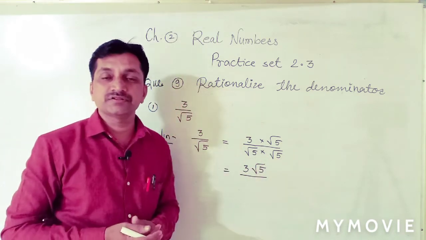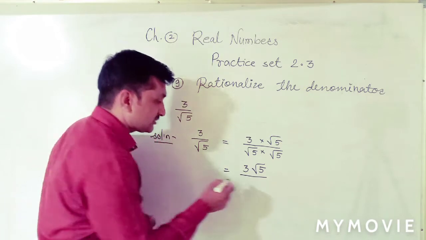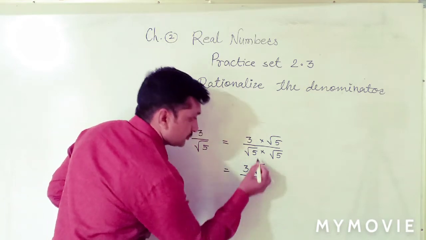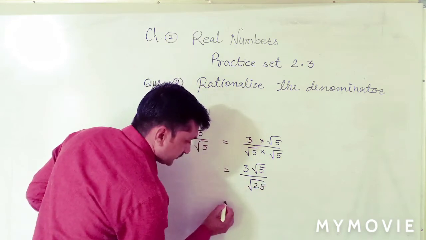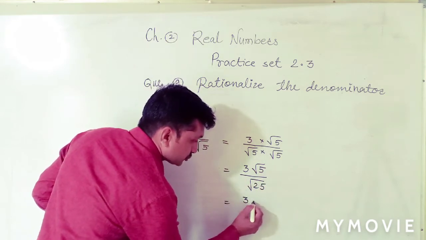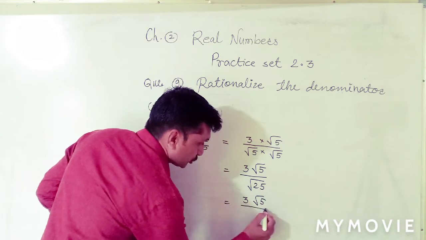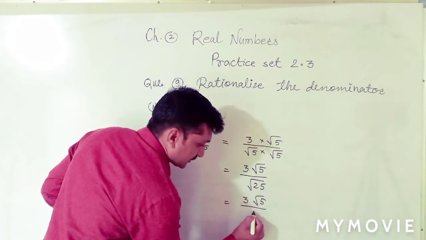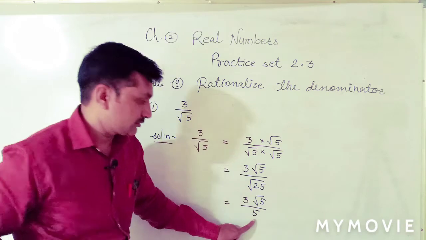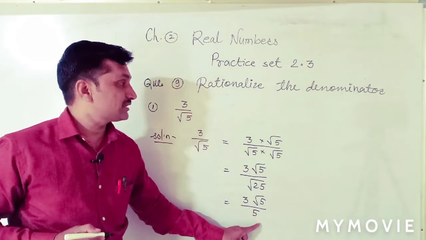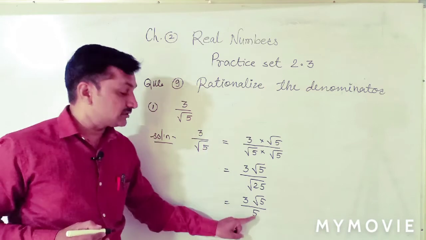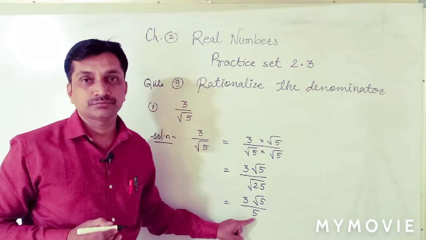Both are like surds, their orders are the same, that's why we can multiply them. 5 5s are 25, so it is 3 square root of 5 upon, and now square root of 25 is 5. In the denominator we got a rational number, it means that this denominator is rationalized.